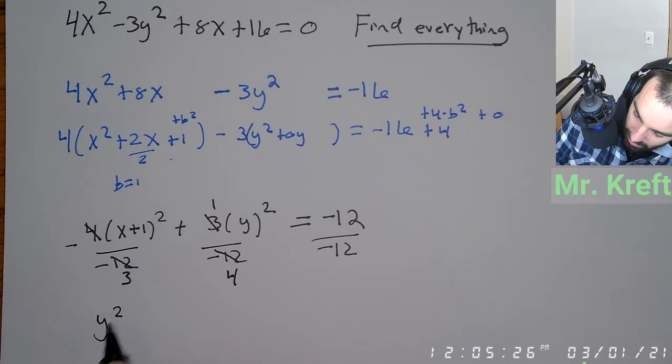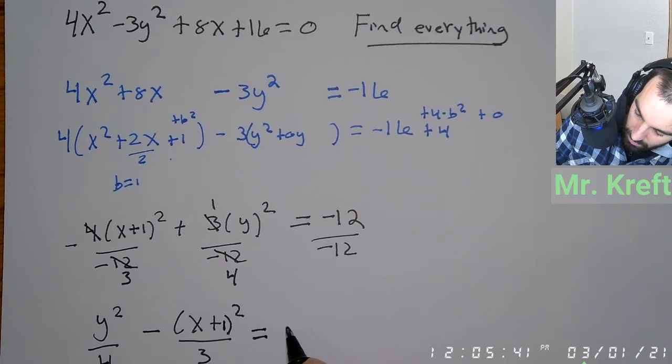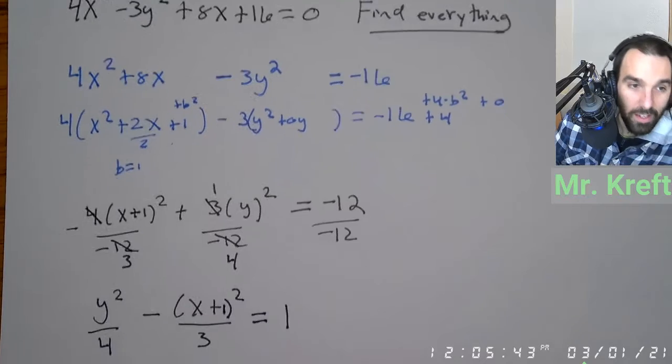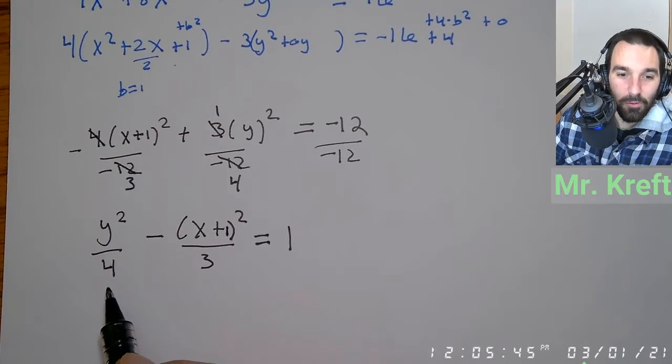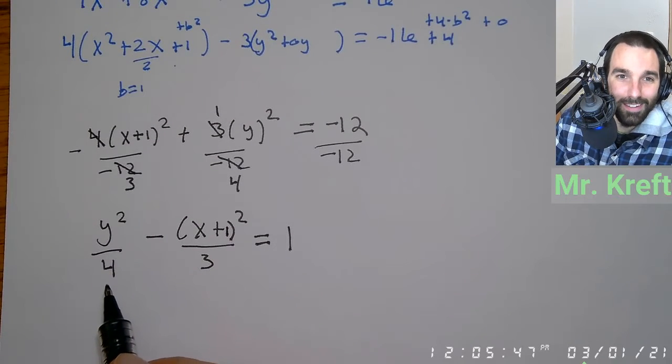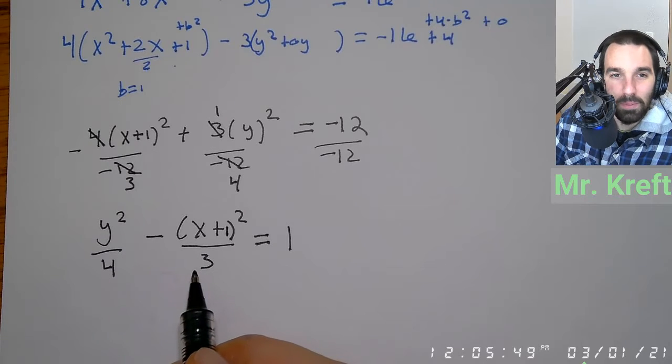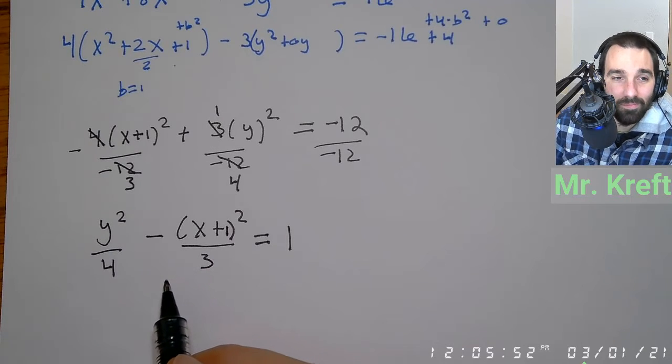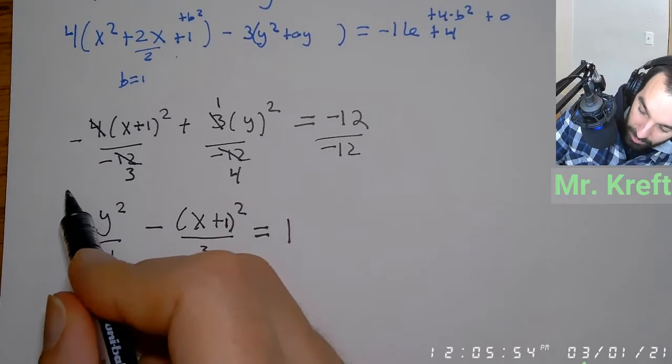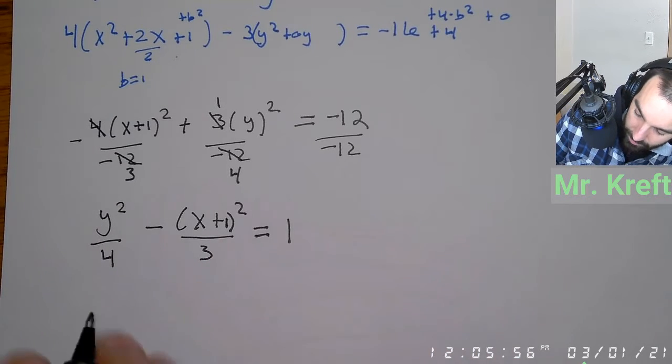So I'm going to get y squared over 4 minus x plus 1 quantity squared over 3 equals 1. And notice here, right? The 4 is definitely the bigger number, right? Because a is going to be 2 and b is going to be square root of 3. Okay, so there's my equation.